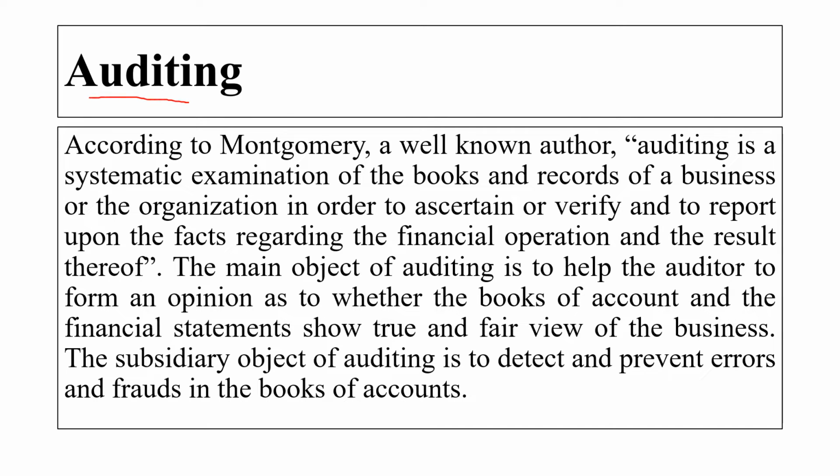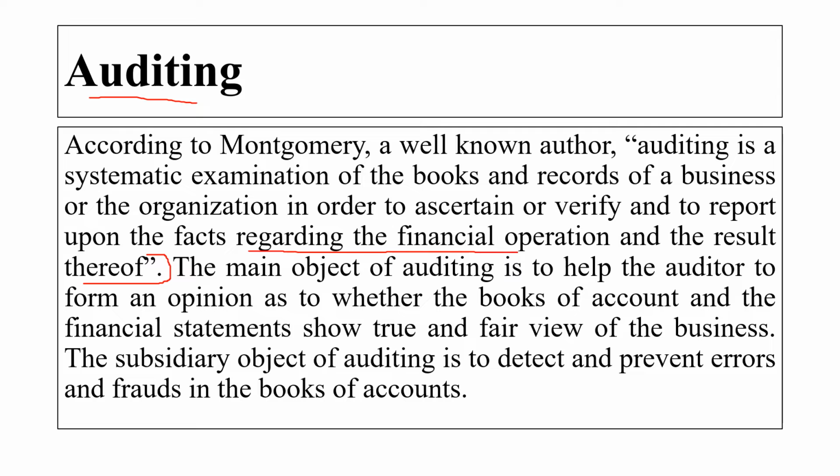What is auditing? Here, auditing is a systematic examination of the books and the records of the business or the organization in order to ascertain or verify and to report upon the facts regarding the financial operations and the results thereof. So here, who is doing the audit?